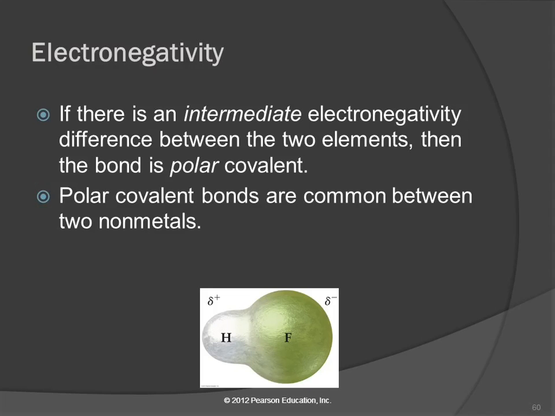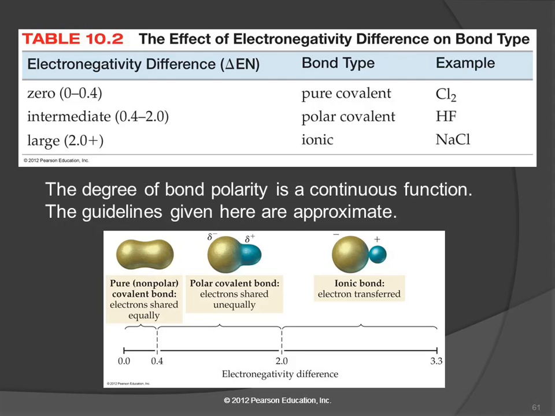In between, even sharing and actual transfer is where we have the polar covalent bond. And these are very common between nonmetals. So what we're going to do is we're going to assume that if these two elements are different and they are both nonmetals, we're going to assume that it is a polar covalent bond. And that assumption works most of the time.